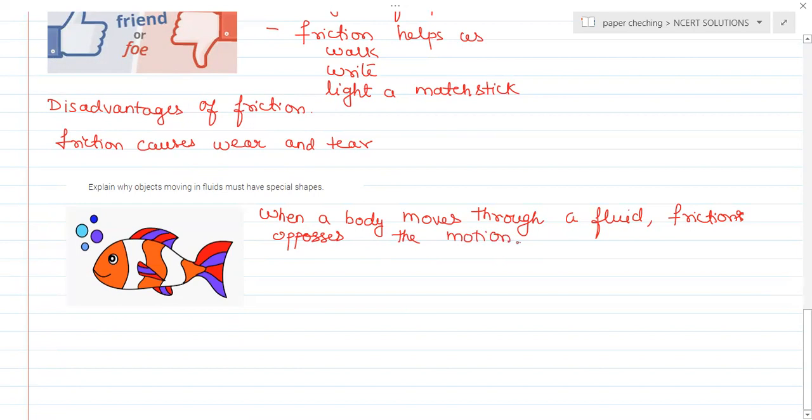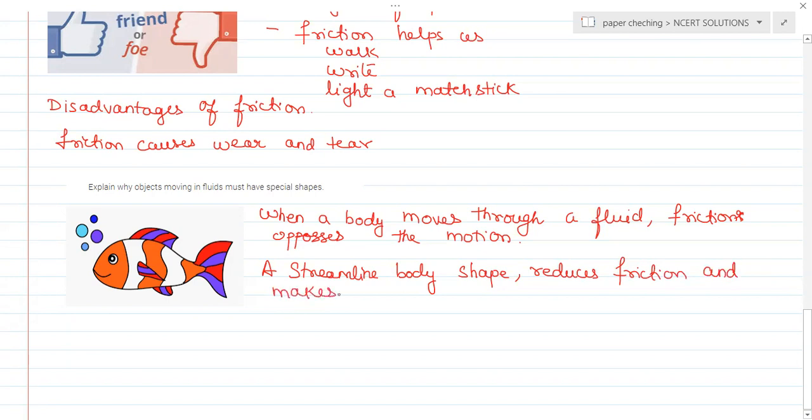So a streamlined body shape reduces friction and makes it easy for the body to move.